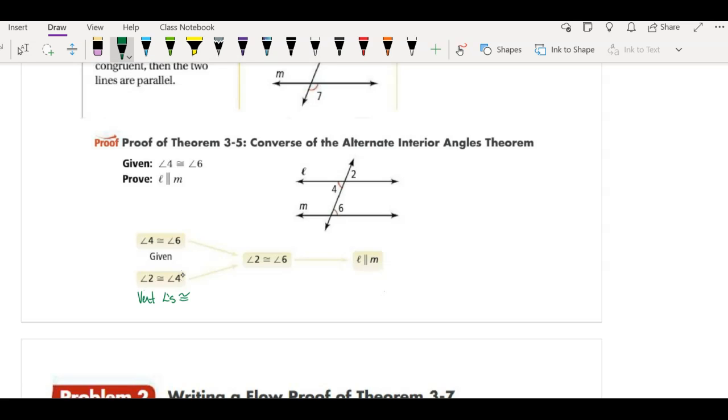Notice we've got 2, 4, and then 4, 6. So we can make the jump that angle 2 is congruent to angle 6. What's that called? That's called the transitive property of congruence.